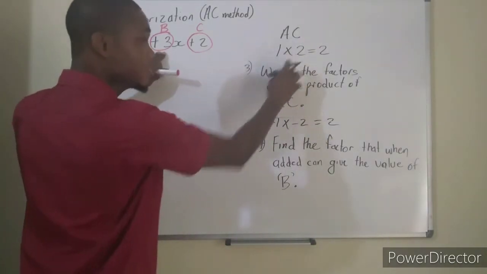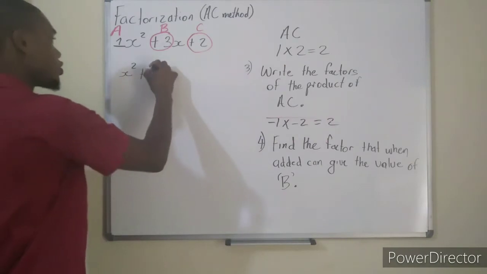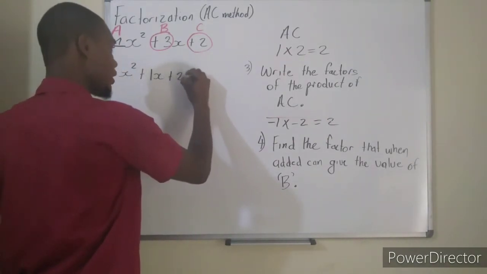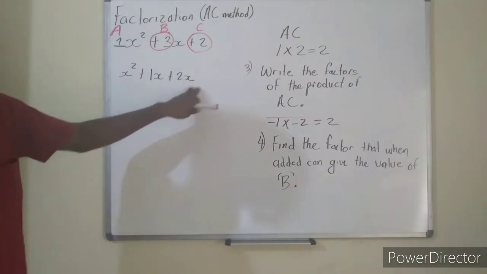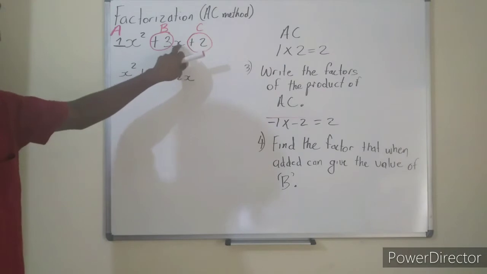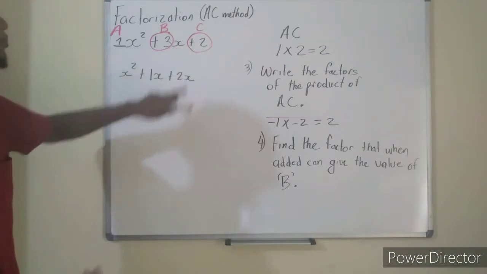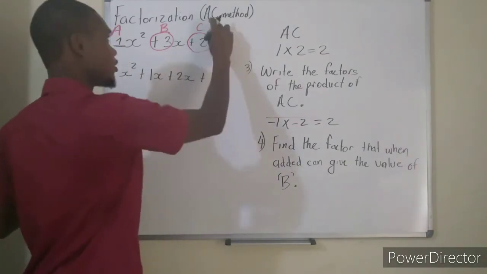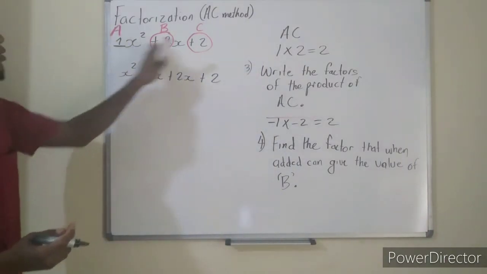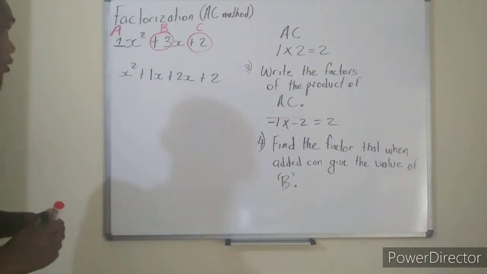So it's 1 and 2 that you replace it with. So you put 1x plus 2x. So 1 plus 2 gives you 3, and you have to add the x to it because B had an x attached to it. So plus your C, which is 2. So that gives you your original expression.